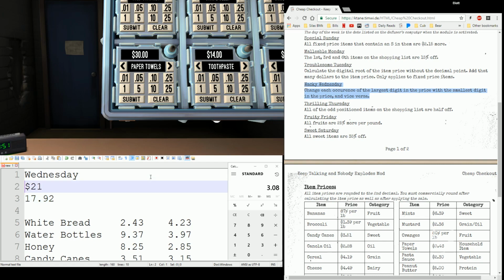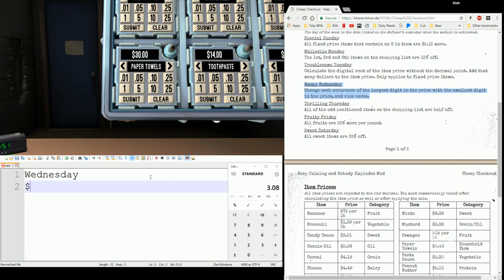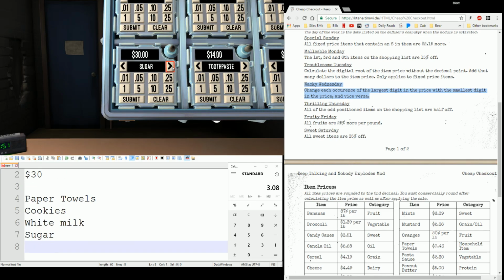This time we have got $30 paid. Items are paper towels, cookies, white milk, sugar, half-pound tomato, and 1-pound banana.